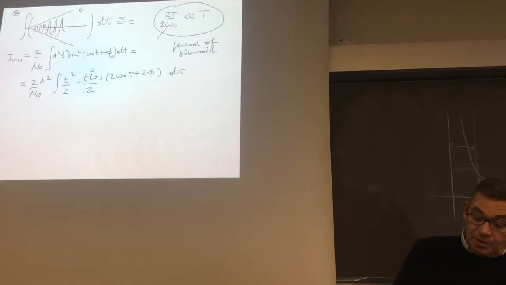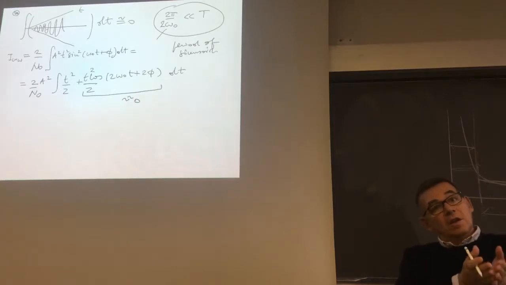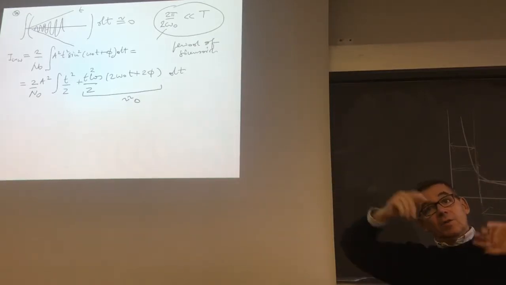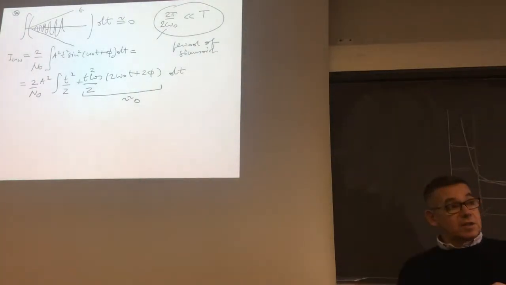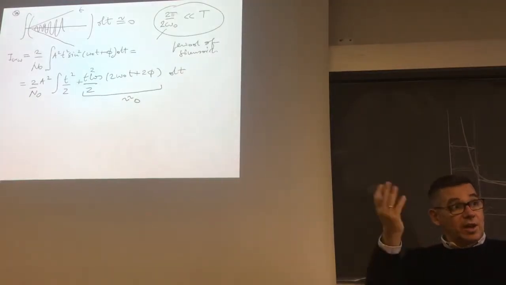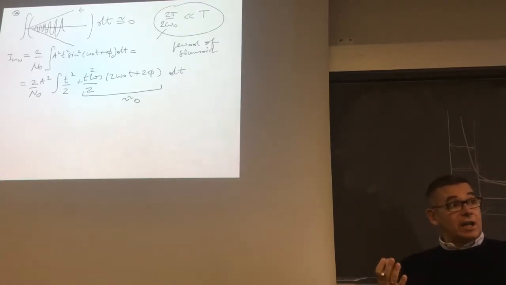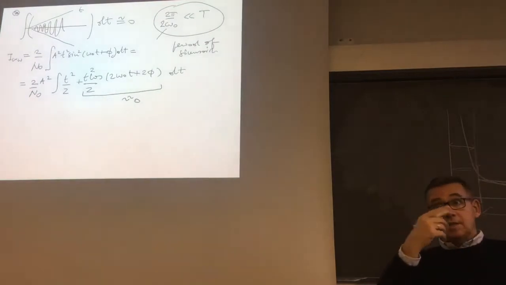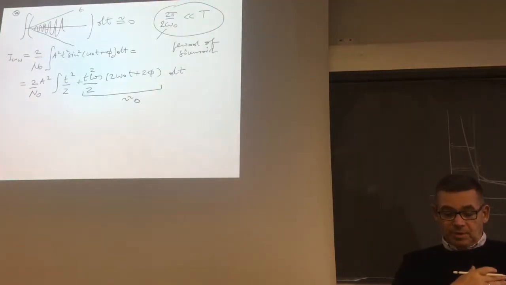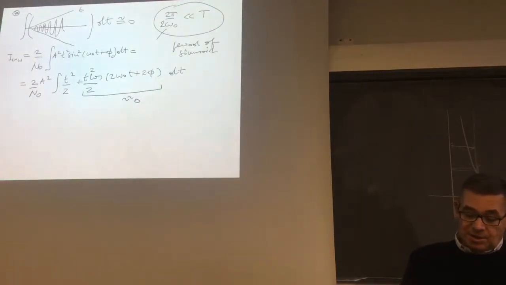Now, for the same reason as before, this term is approximately equal to 0 because it's a parabola with a sinusoid inside. The integral of that one has all the positive and negative parts, and if the frequency is very high, all the positive cancel with the negative. So that one is approximately 0.